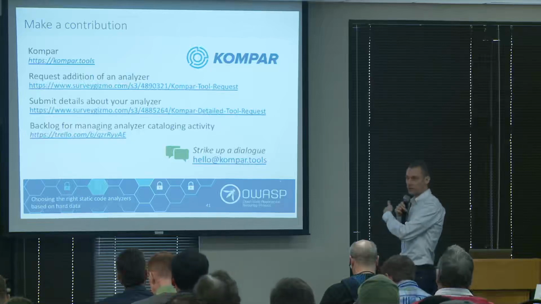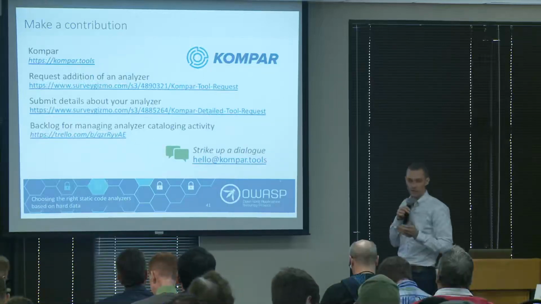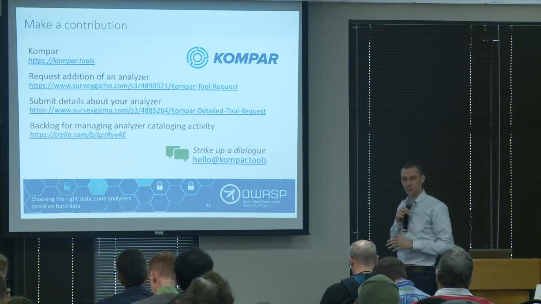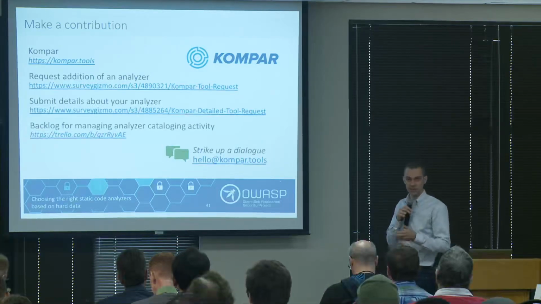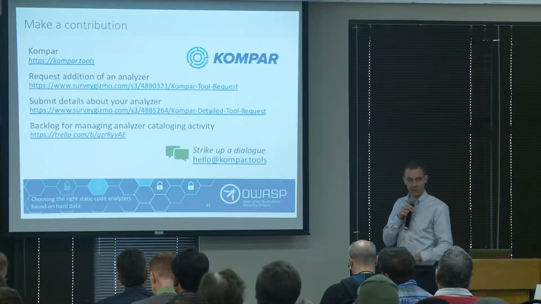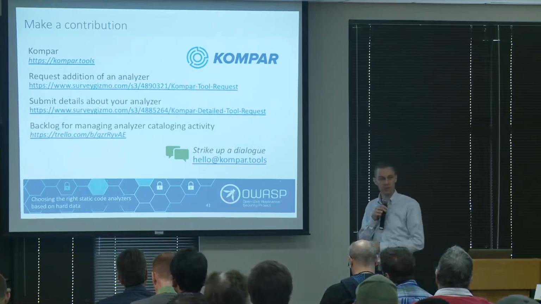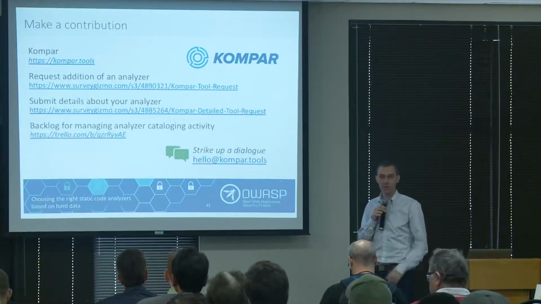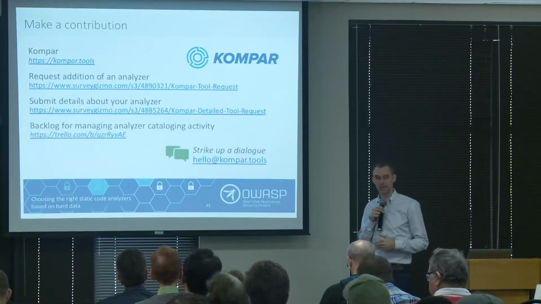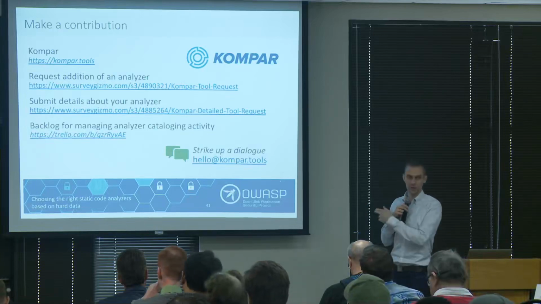And then we have 3 columns on the right that amount to how much information we collected. So just a little bit, like we just have the URL and a language and a few other things, versus a much more complete picture of that analyzer. We're trying to keep track of that, and we'll be building out that back-end technology for ourselves to manage it. But for now, we're using that Trello board.